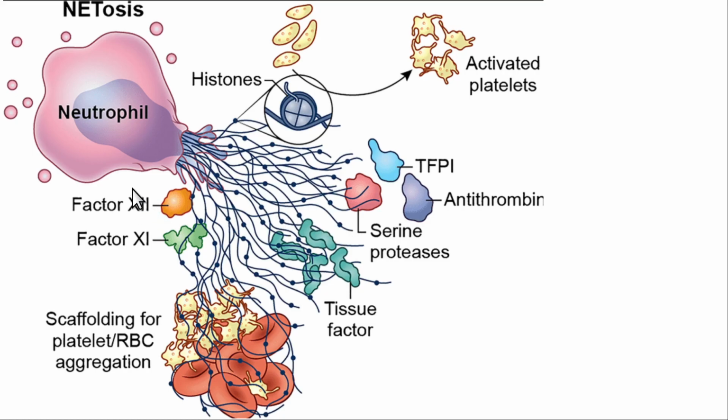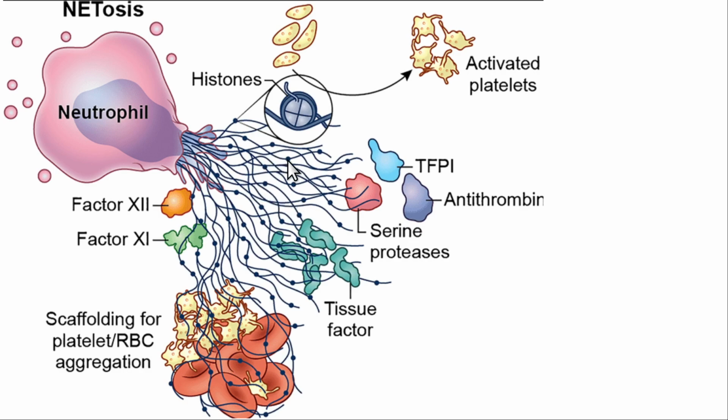Okay, here's an example of NETosis. So here's a neutrophil, and it's expelling its DNA out into the extracellular space. Normally the DNA is wrapped around these things called histones, which are like a spool, like you wrap thread around a spool. But there's a couple of chemical reactions that occur to cause unwrapping of the DNA, and all these little circles are antimicrobial chemicals to help kill the bacteria.